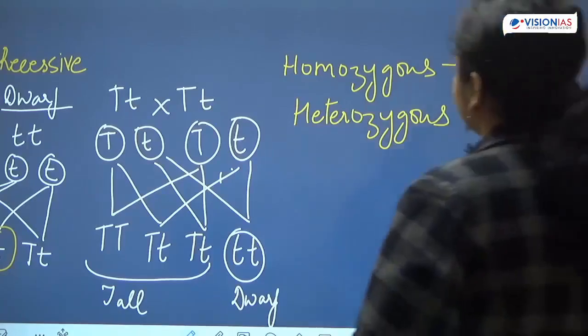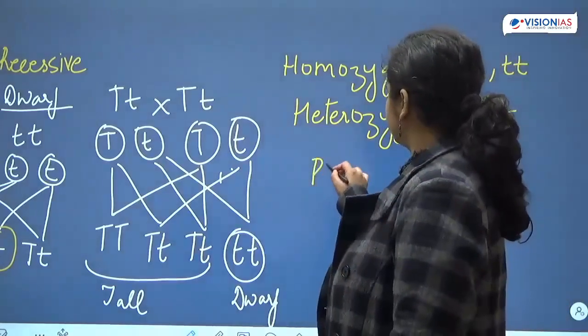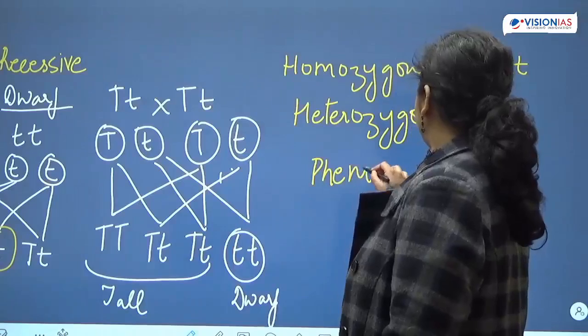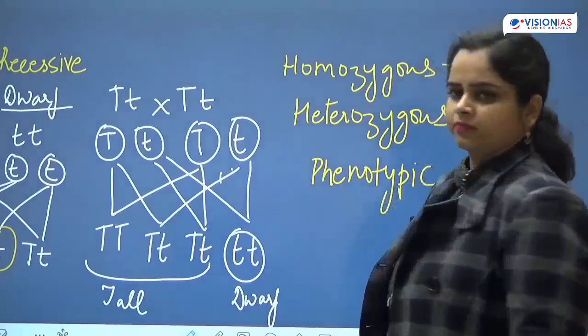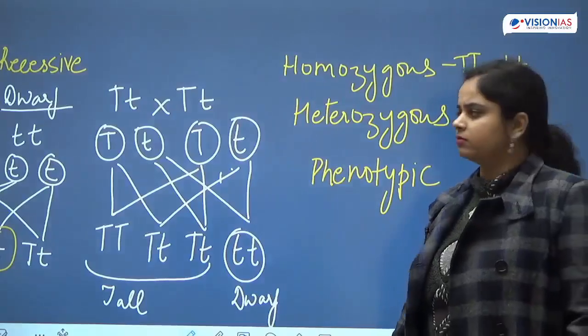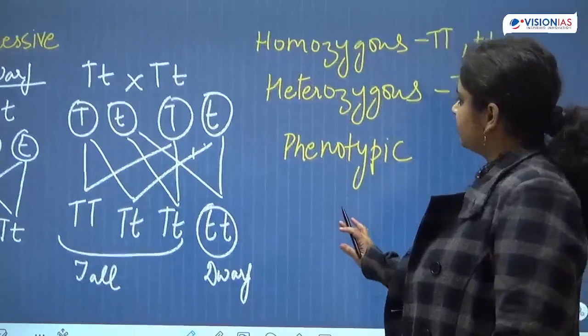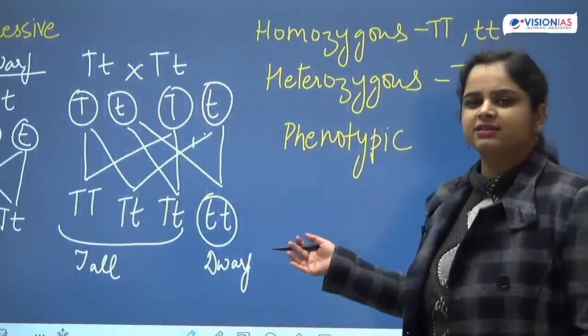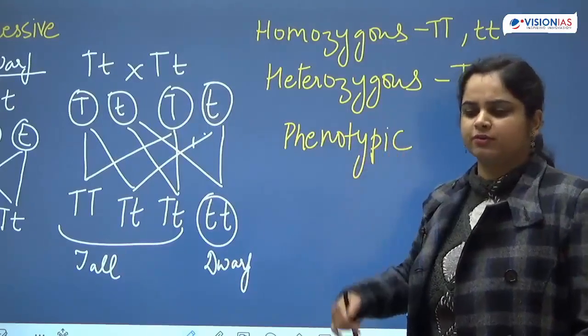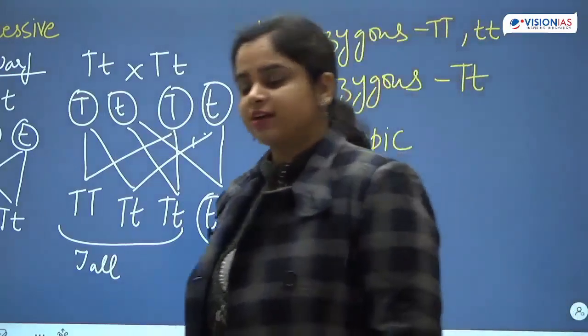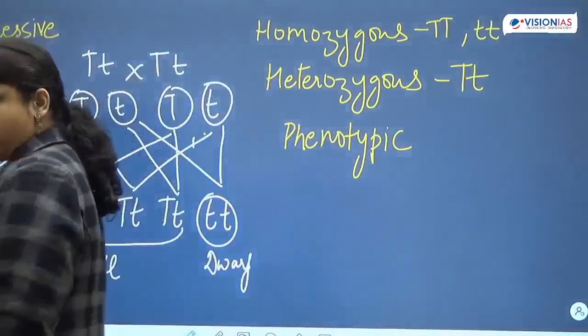Then next term is phenotypic. Phenotypic means what is the observable characteristic. आप लिखिए please.